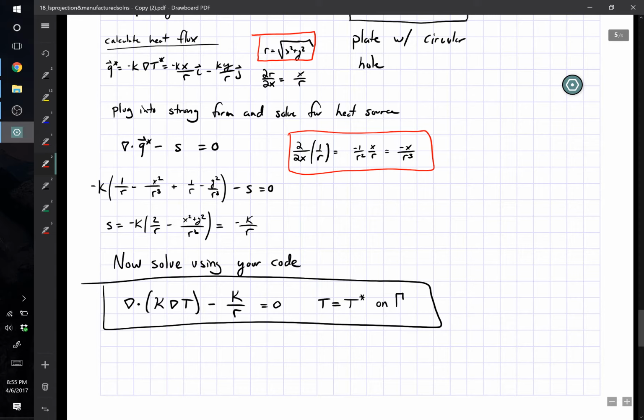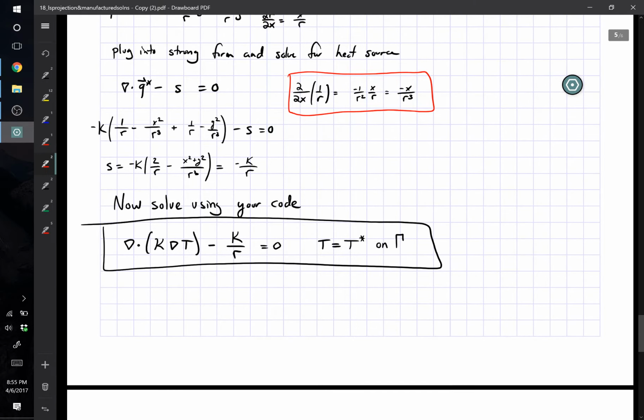Likewise, the derivative of the y component of the flux with respect to y is going to be 1 over r minus y squared over r cubed. And then that still minus s is equal to 0. We factored out the k. And so simplifying this and solving for s, what we're going to get is that in the end, s is equal to minus k over r. Okay?